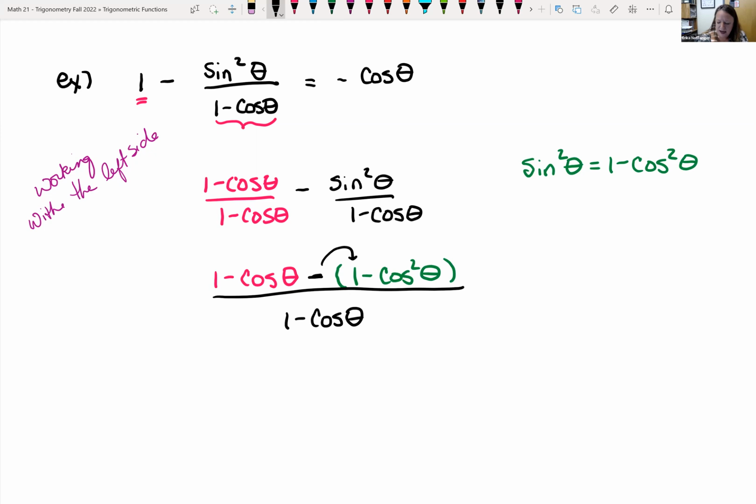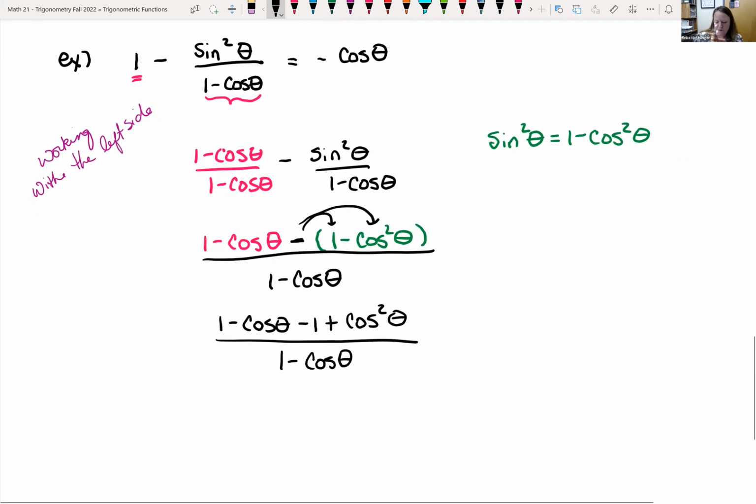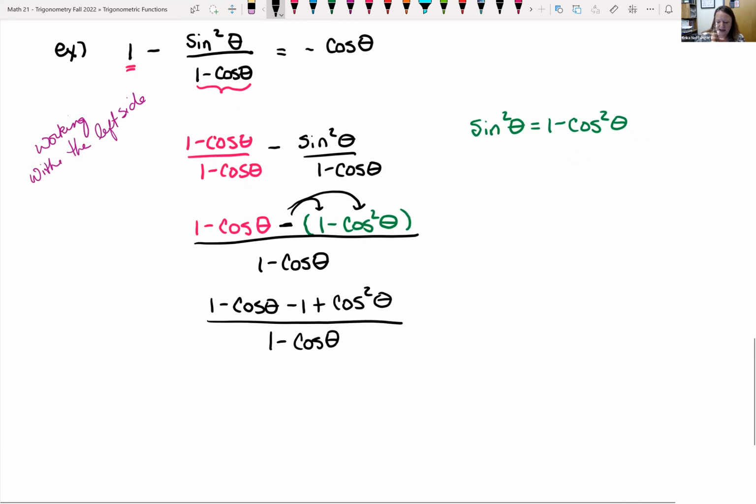So distributing our negative sign, we have 1 minus cosine theta minus 1 plus cosine squared theta all over 1 minus cosine theta. So combining like terms in my numerator, I have 1 minus 1, so those cancel out.